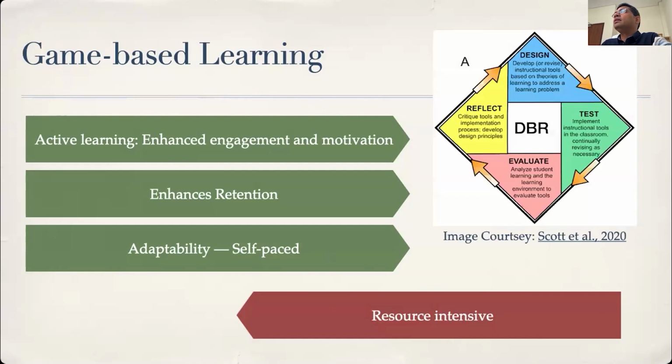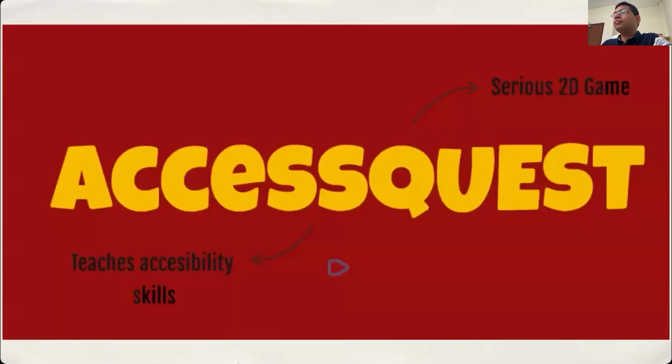So we are following the design-based research approach, which follows a design, test, evaluate, and reflect cycle. My PhD student Partha is primarily working on this, and we are currently at the first phase of our DBR cycle. We have developed a game called Access Quest, which is a 2D game to teach accessibility skills.